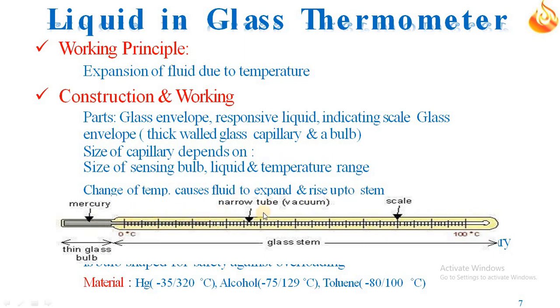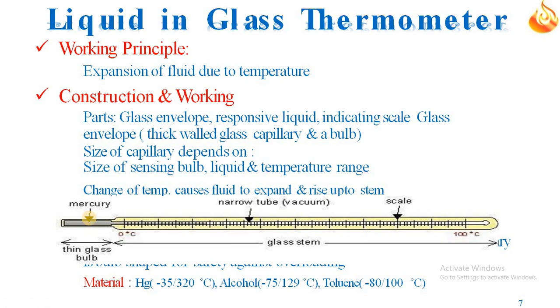So in this instrument, the main requirement is that if we want to measure the temperature of any environment, then this part, which is generally the bulb section of this instrument, should be kept in that atmosphere whose temperature is to be measured.